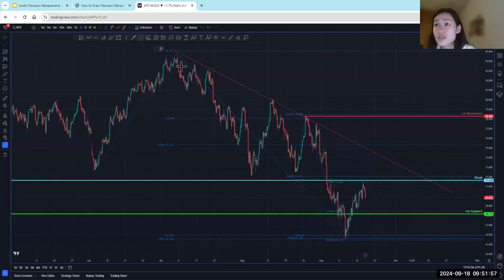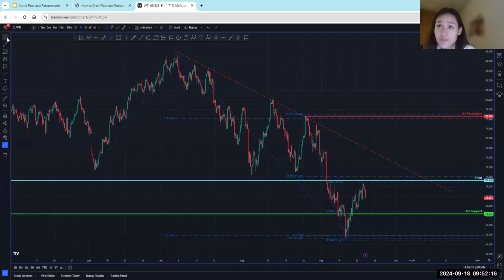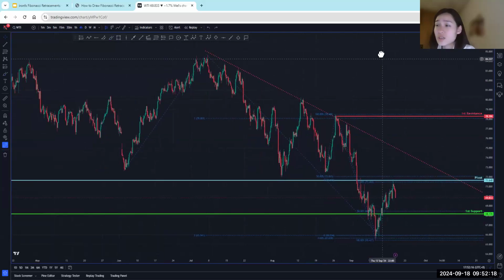You can see the shape over here is like this, and then it deviates slightly. So my trend line cuts this huge area here. So this is not a very good line to use for retracement, so I'm not going to use that.